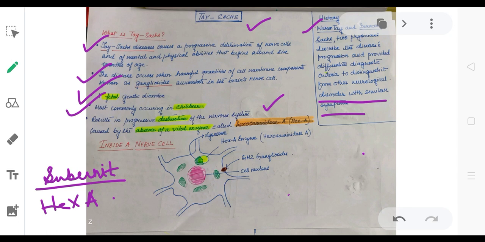Both Tay and Sachs reported their first case among a Jewish family, and Tay reported his observation in 1881 in the first volume of the Proceedings of the British Ophthalmological Society, of which he was the founding member.